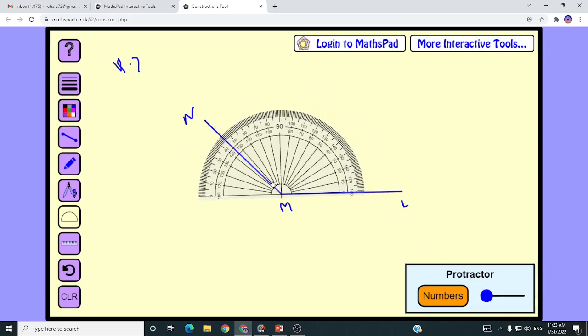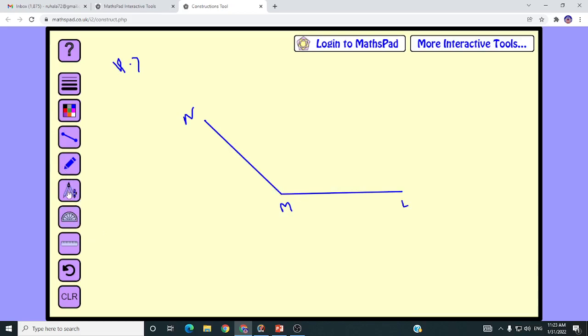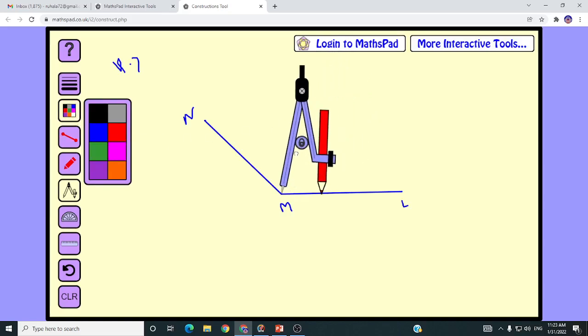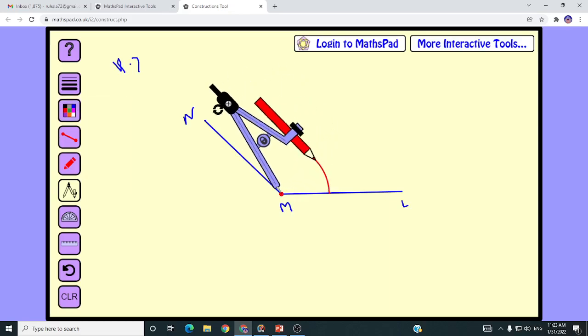We have to find the bisector of this angle, same as in the previous lecture. Put the tip of the compass on point M. Take any radius in your compass. Make an arc.